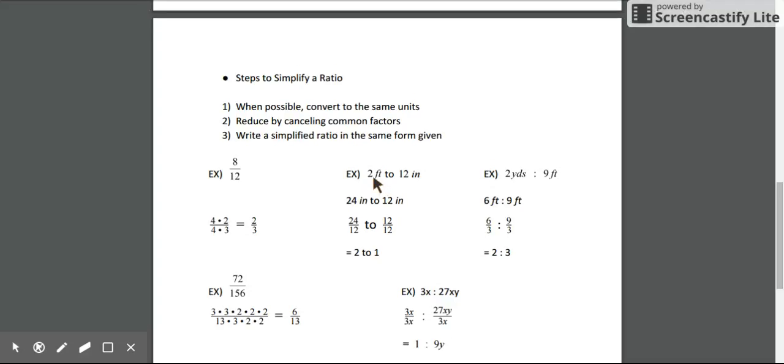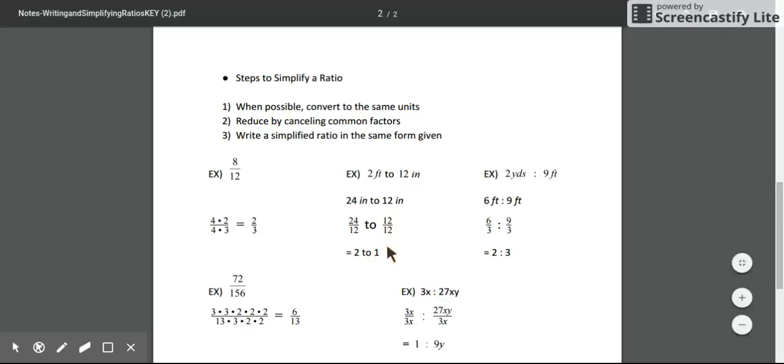There's 12 inches in each foot, so if I double that, I get 24 inches. And now if I divide these two numbers by the greatest common factor, 12 is the biggest number that goes into both of them. 24 divided by 12 is 2, and 12 divided by 12 is 1. Then I can get my simplified ratio comparison 2 to 1. So either way you do it, you should end up with the ratio 2 to 1.